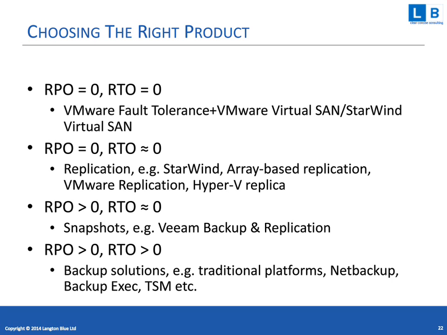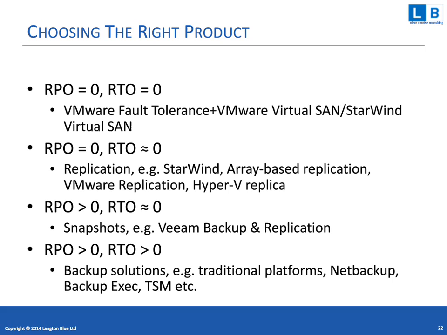And if we're really looking to get things back absolutely quickly, with the fastest minimum outage time and with no outage of data, then we would have to look at technologies like VMware's fault tolerance, and Virtual SAN is another option we could use there, and obviously StarWind's Virtual SAN would fit into that category too.